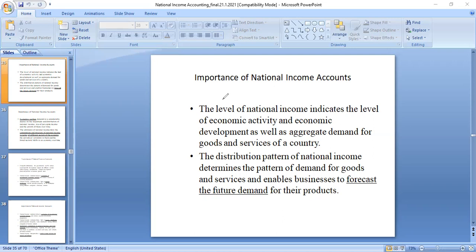Economic growth could be... usually it is an increase in the total GDP of an economy or a country.